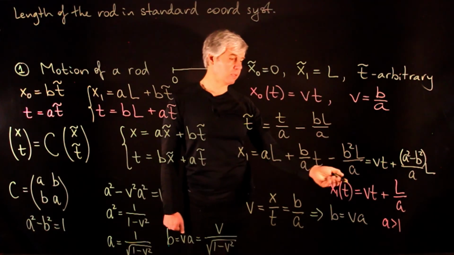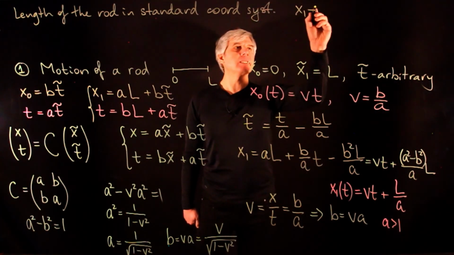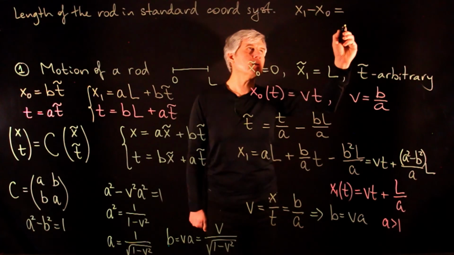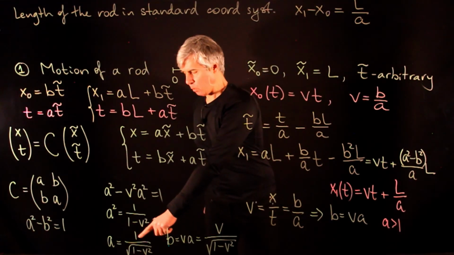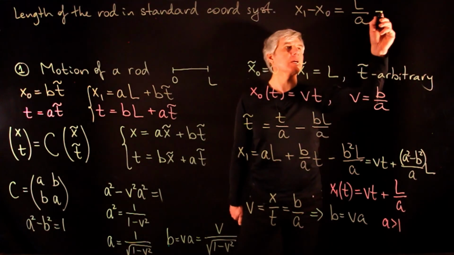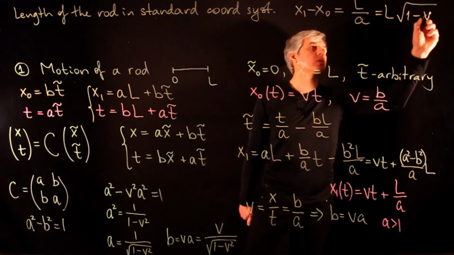So this means that the length of this rod is x1 minus x0, which is equal to L over a. And a is 1 over the square root of 1 minus v squared. So this becomes L times the square root of 1 minus v squared.